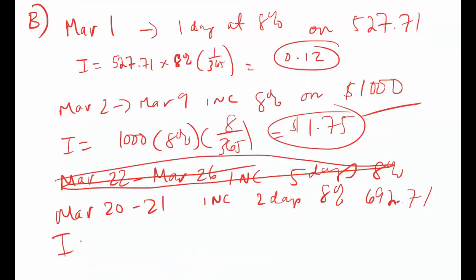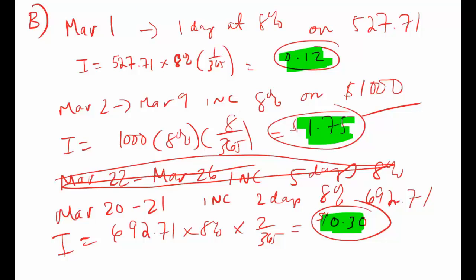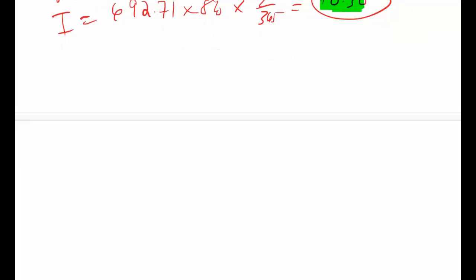So for those 2 days, it's 692.71 times 8% times 2 days out of 365. Using your calculator, 30 cents. Okay, so right now I have this one, this one, this one. Let's continue.